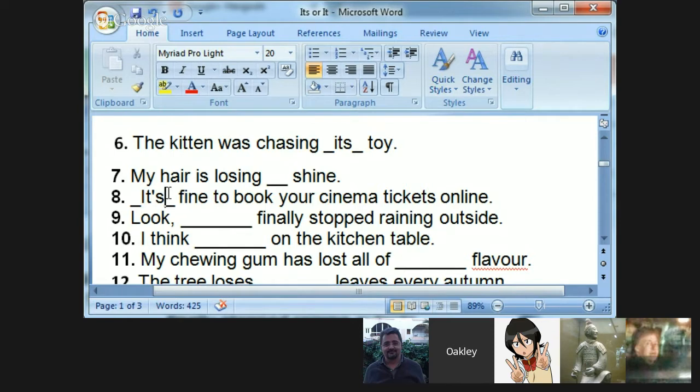It is or it has. It's fine to book your. Right. It is. Because the apostrophe s could represent is or it could represent has. So we were looking at that too. Okay. Skip back, Eden. Try number 7 here.